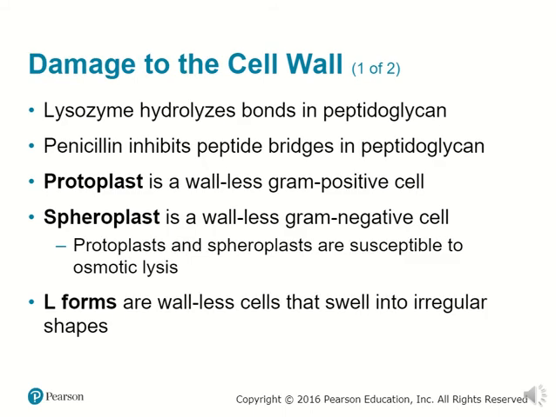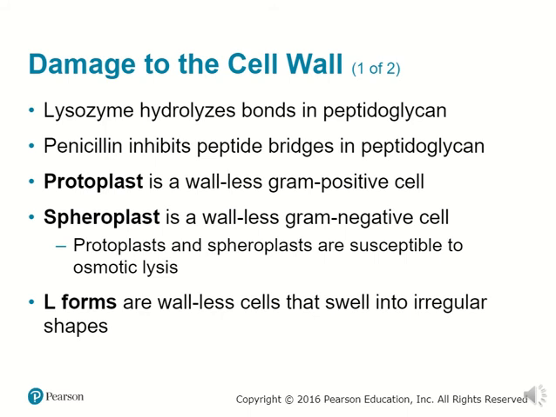Now, when the cell wall is damaged, this could be due to a lysozyme that hydrolyzes or breaks apart the bonds between the peptidoglycan sheets. There is also penicillin, which inhibits peptide bridging within the peptidoglycan. A protoplast is a wall-less gram-positive cell.